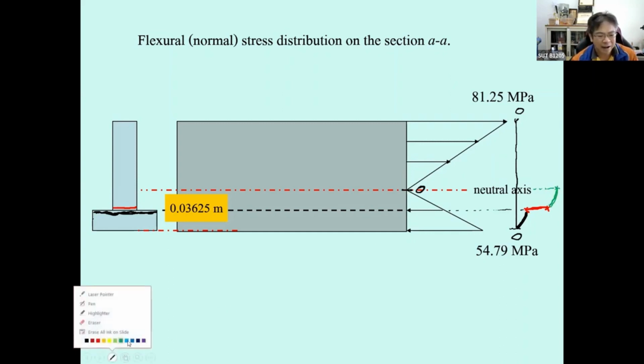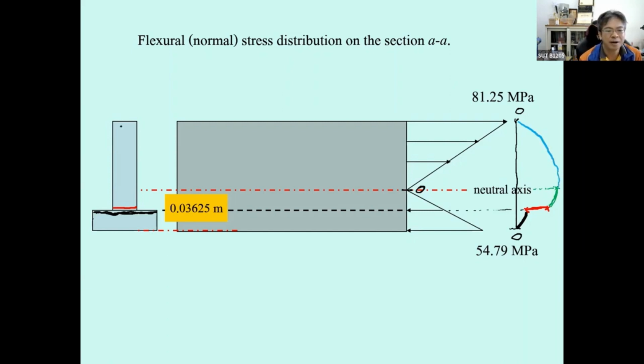So this one will increase a little bit to reach over here to be the tau max. And then the stress distribution for the rest of it will be similar to the rectangular section.